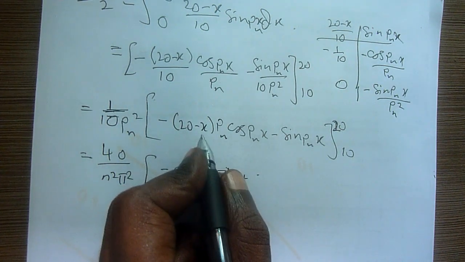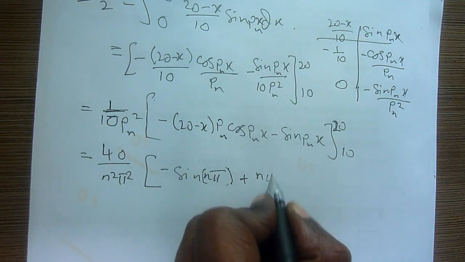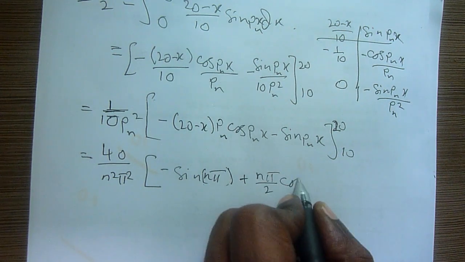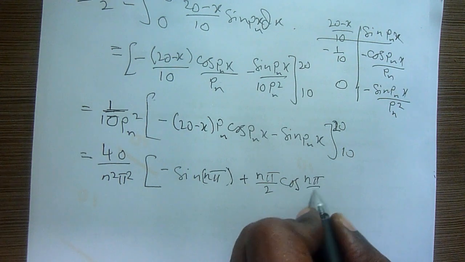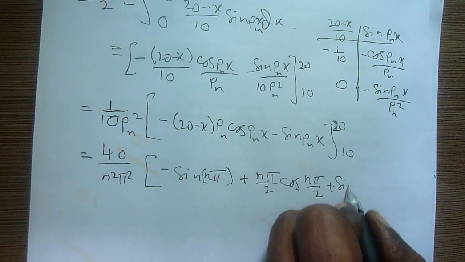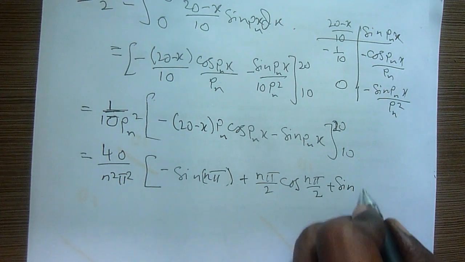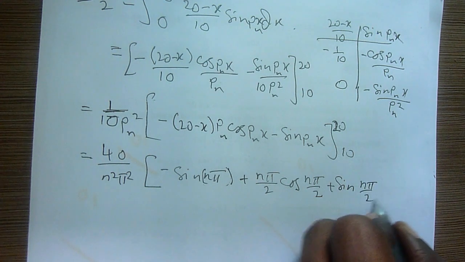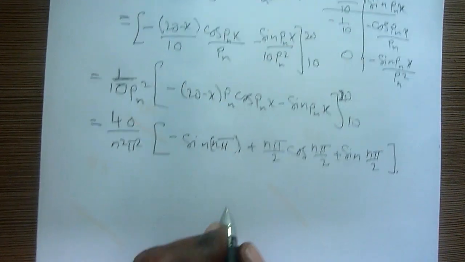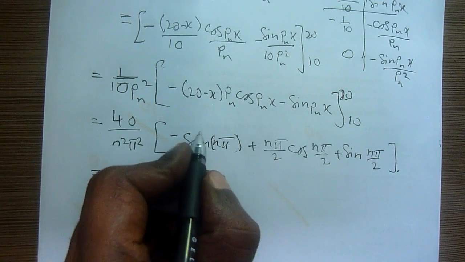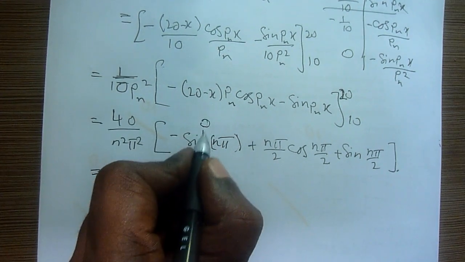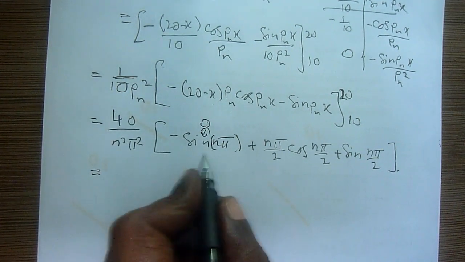10 minus 10, then I get n pi 2 cos n pi 2 plus sine n pi 2. This simplifies, this is 0. Can you see this? This is 0, n pi.